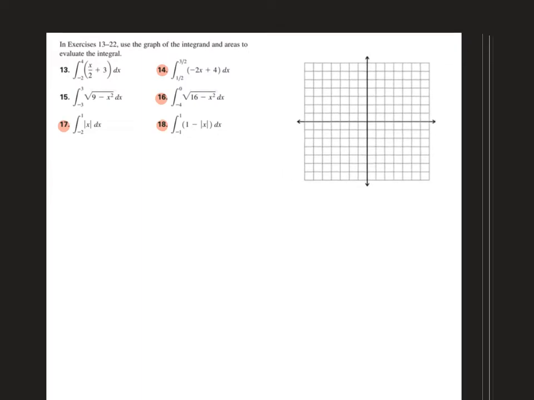All right, so let's do 14. Use a graph of the integrand and areas to evaluate the integral.